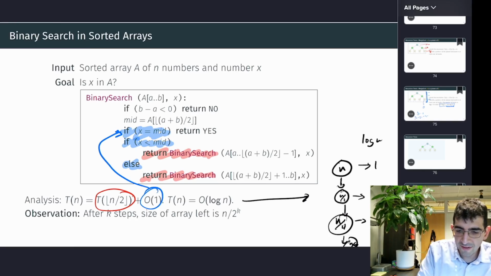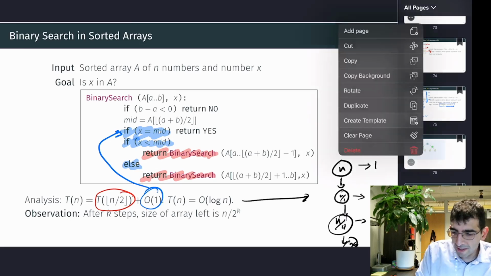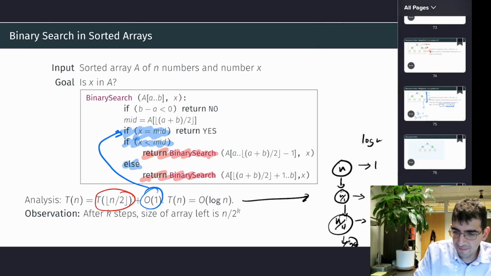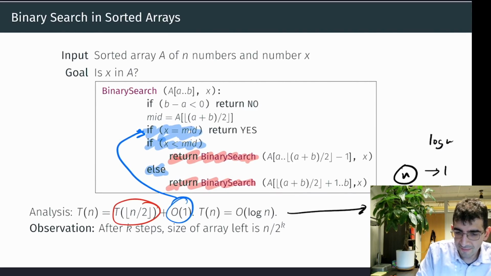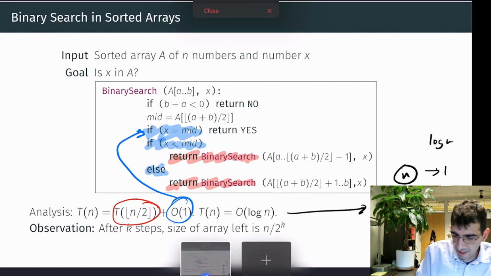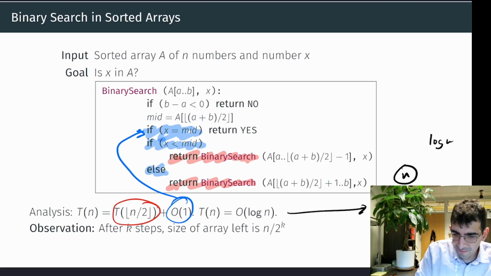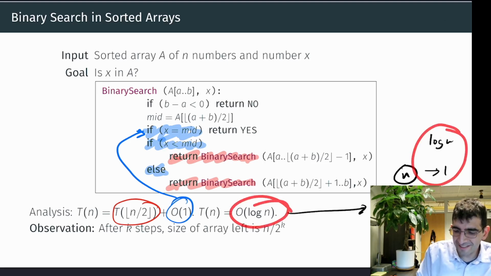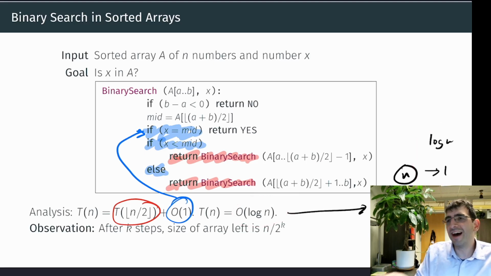So 1 times log n is of course O of log n. And that's the running time of binary search.